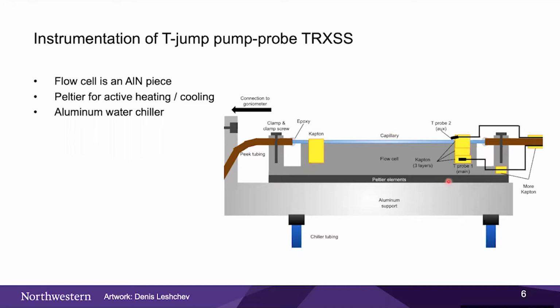We have a Peltier element beneath it, which provides active heating and cooling functionalities. And below that, we have an aluminum water chiller, which doubles as a mount to the goniometer and provides rather not that good temperature control in case the Peltier breaks down, right?